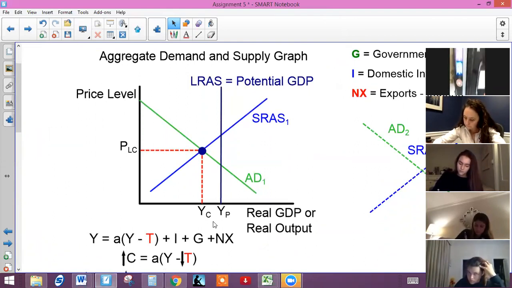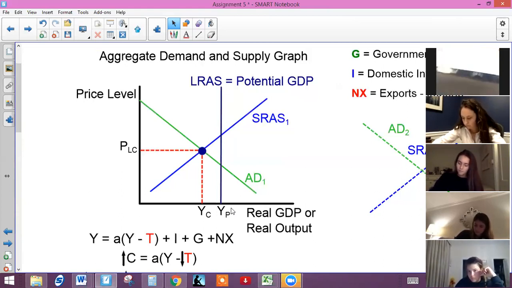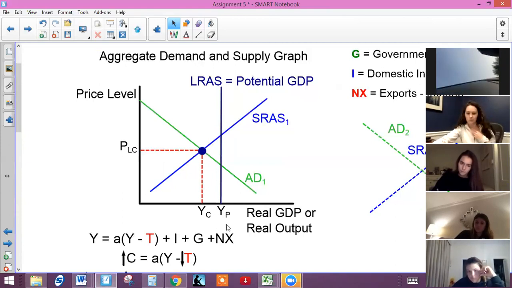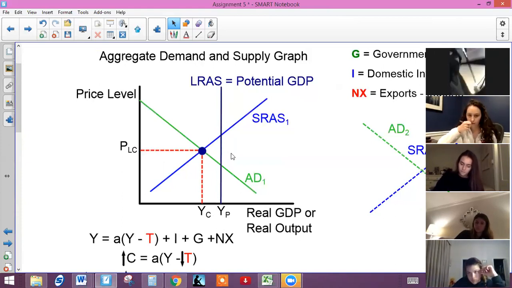This is where we would be right here at the natural rate of unemployment, which is typically somewhere between 3 and 5%. Like right now in the United States, I believe we're below 4%. So we're really about right here now. Okay. So we're operating very close to our potential right now.